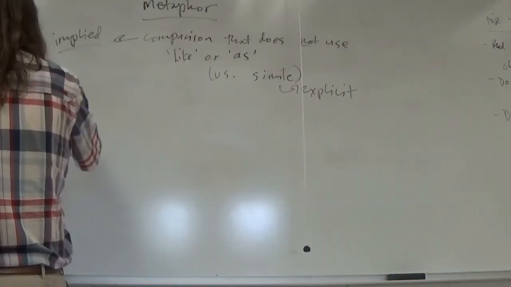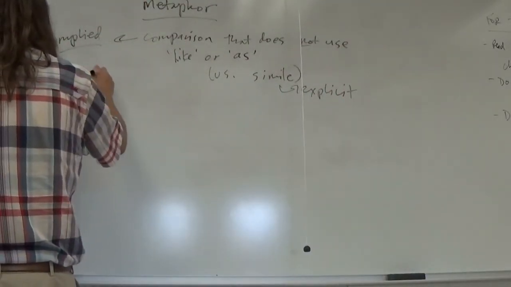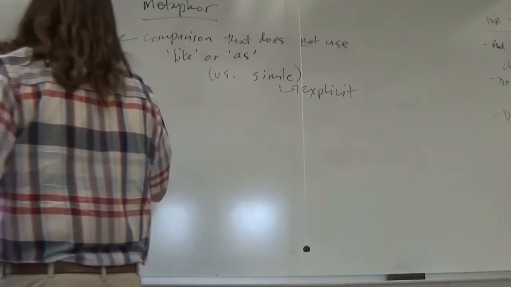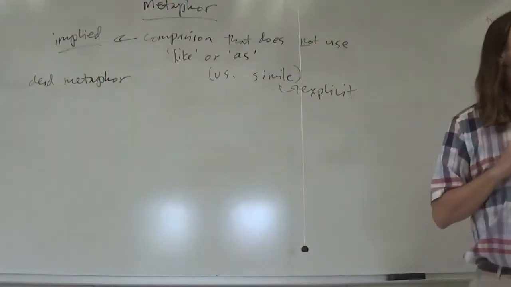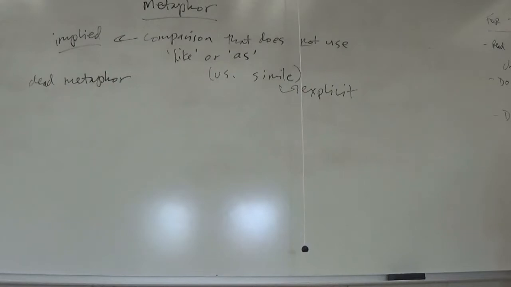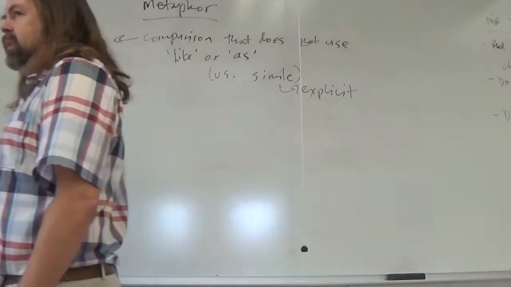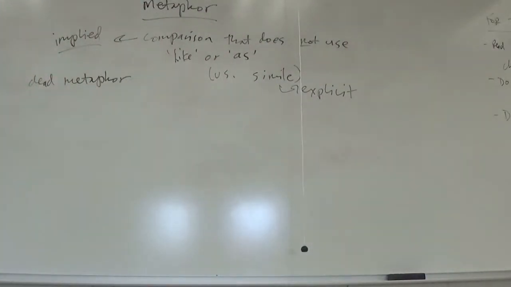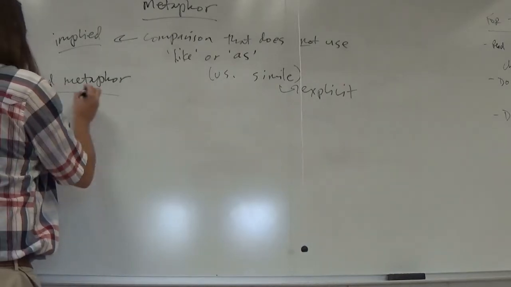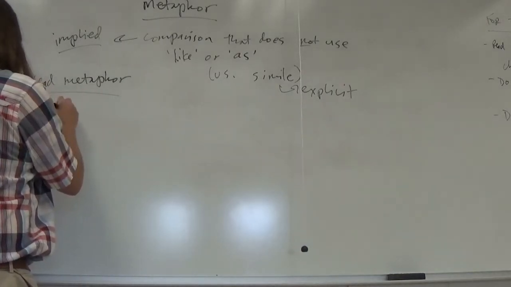Do either of you know what a dead metaphor is? Have either of you ever heard this term before? So a dead metaphor is a metaphor that has been used so frequently that we cease to think of it as metaphorical, that we come to think of it as literal. For example, what's a family tree?